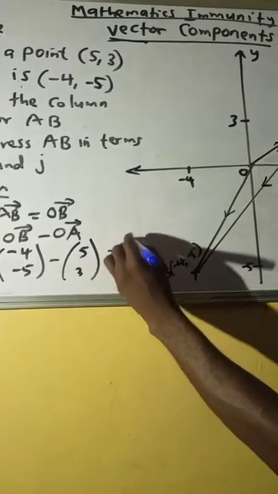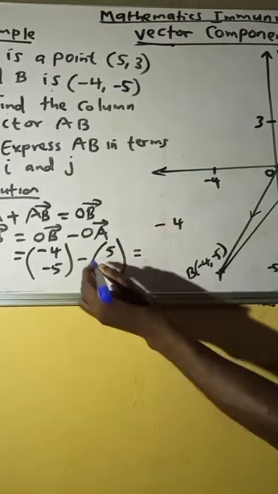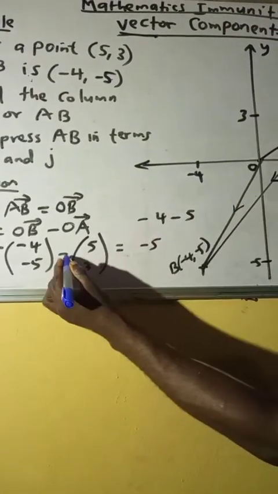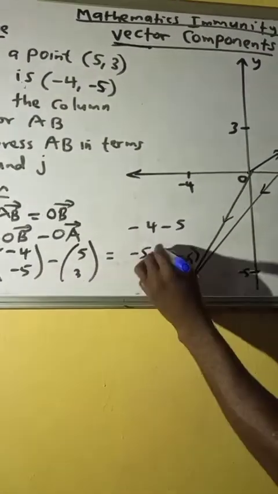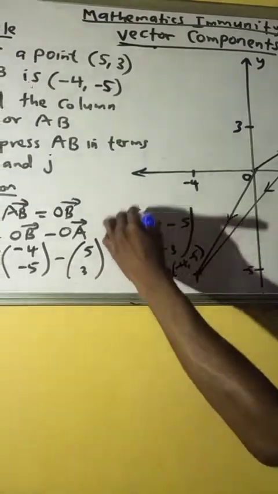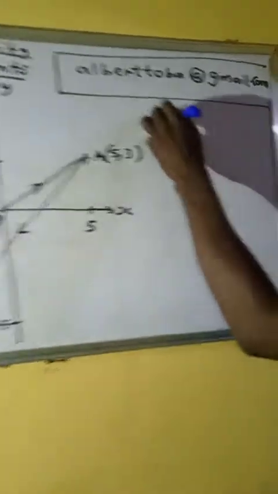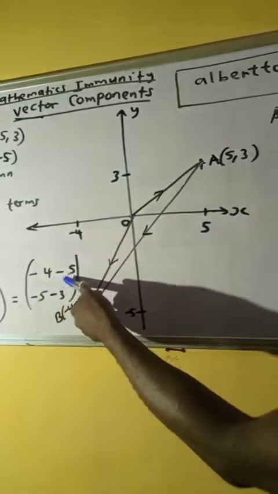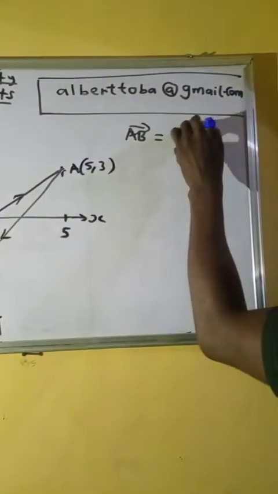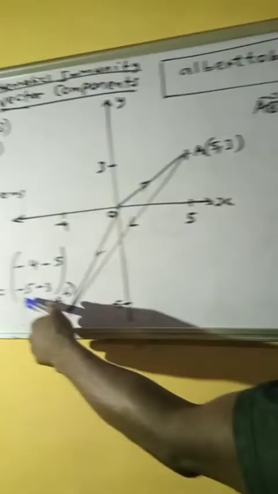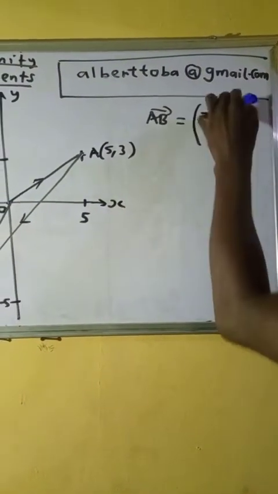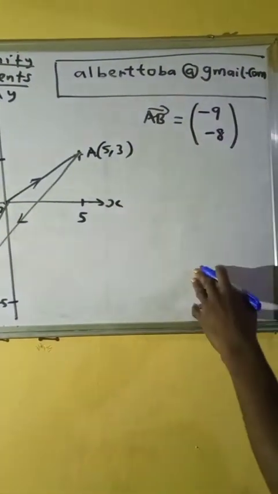So we have (-4, -5) minus (5, 3). AB is equal to (-4 minus 5, -5 minus 3), which gives (-9, -8). This is the column vector AB.